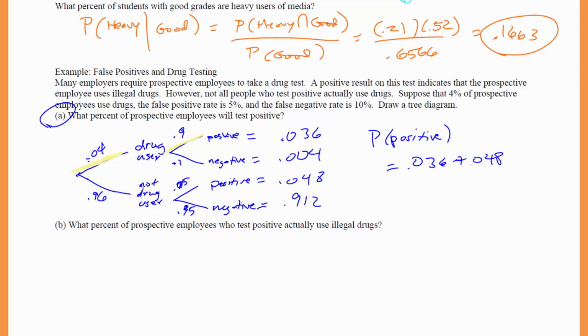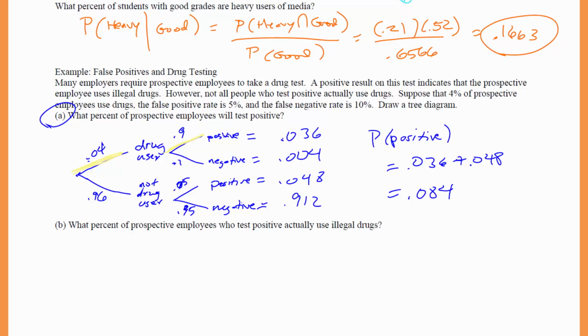Those are the 2 ways to test positive. Be a drug user and test positive, 0.036. Be a not drug user and test positive, 0.048. The probability of testing positive, 0.036 plus 0.048, is 0.084. 8.4% of the time, you're seeing a positive result.